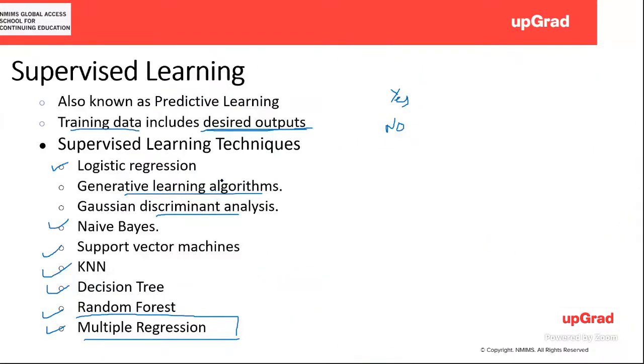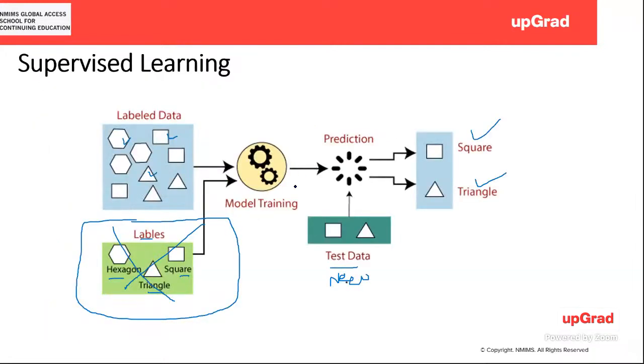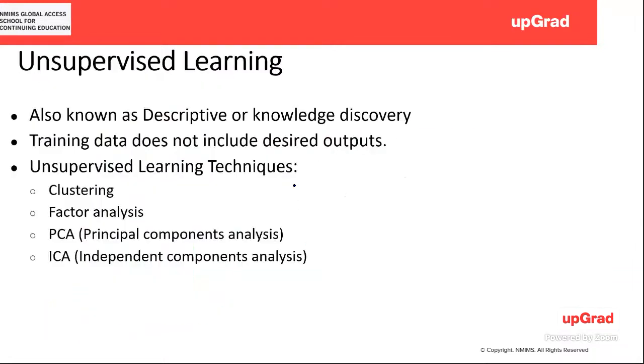Okay, so that is what supervised learning is, right? Let me explain unsupervised also with another example, then you will understand this in more detail. The core focus in unsupervised is discovering knowledge, because we don't know what kind of shape belongs to what kind of label, right?